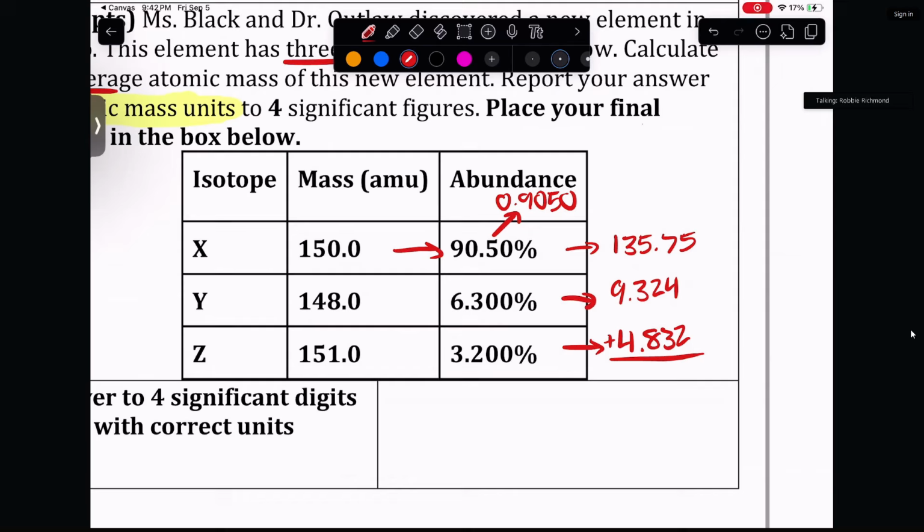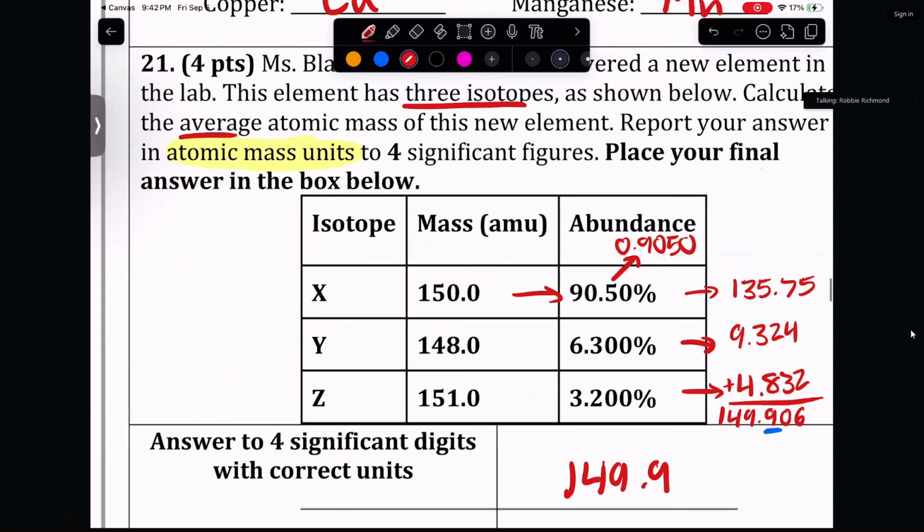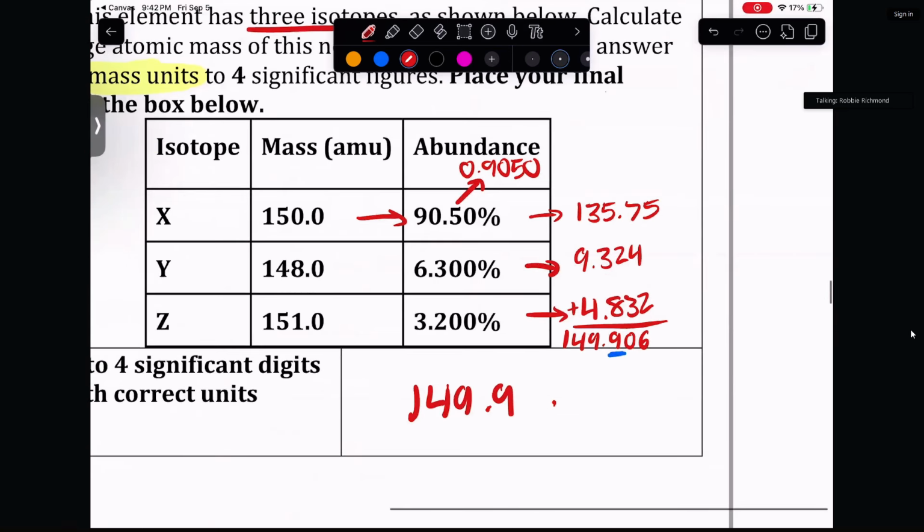Alrighty, I got 149.906 as my answer without considering sig figs. And then considering sig figs, we have to round to our 4th sig fig, which would be the 10th place. There's nothing in the 100th place to round to, so it would just simply be 149.9. And remember, atomic mass units, so you put AMU.